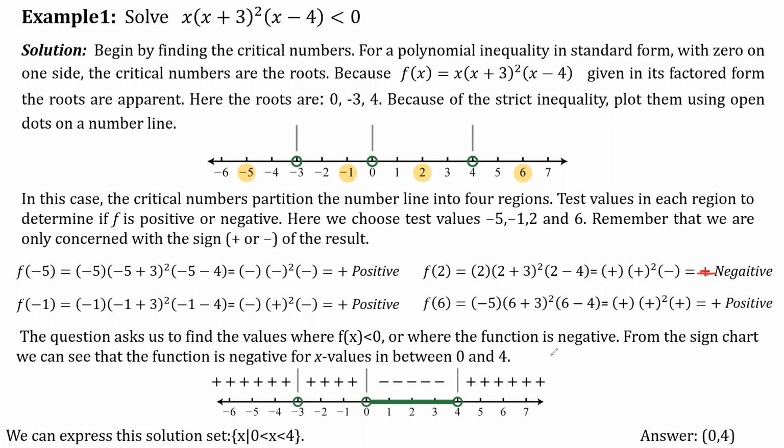So the question asks us to find values where f of x is less than 0, or the function is negative. From the sign chart, we can see that the function is negative for values of x from the interval from 0 to 4.